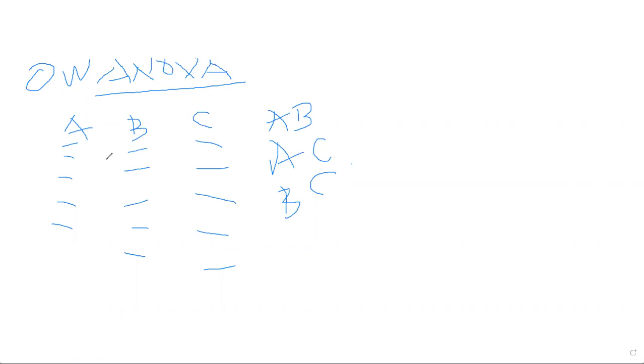The one-way analysis of variance, as I said, is a test of whether any of these pairs aren't equal.